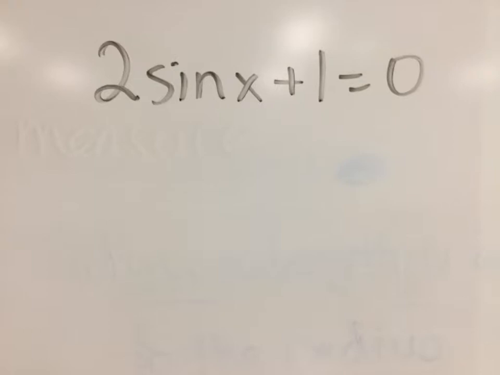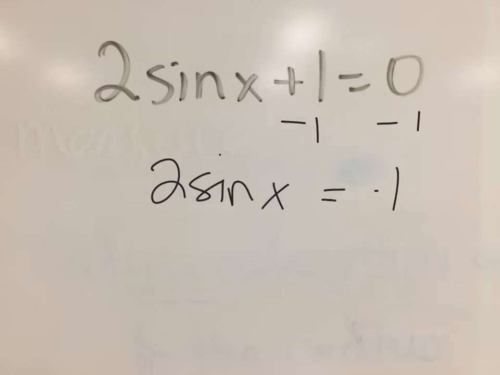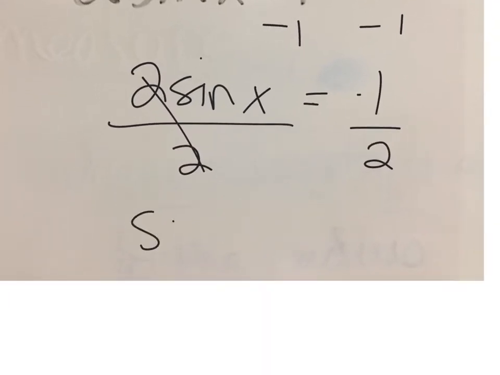Here we have 2 sine of x minus 1 equals 0. So the easy math says add 1 first. So 2 sine of x equals 1, and then we divide both sides by 2. So we're looking at all the places on the unit circle where the sine of x is 1/2.